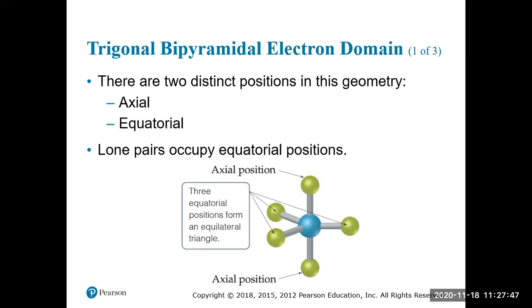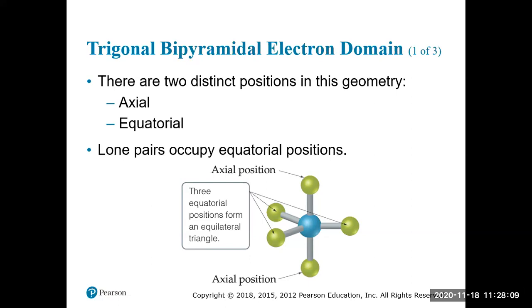For trigonal bipyramidal electron domain, there are 2 distinct positions in this geometry. If we look at the ball and stick model below, the 2 that go vertically up and down are considered the axial positions.